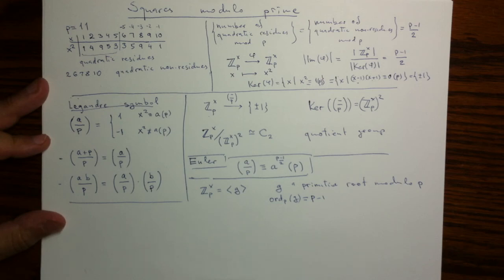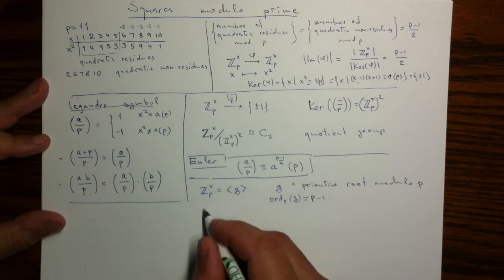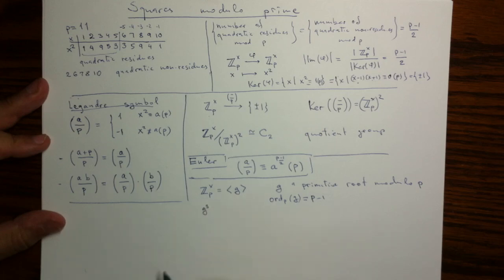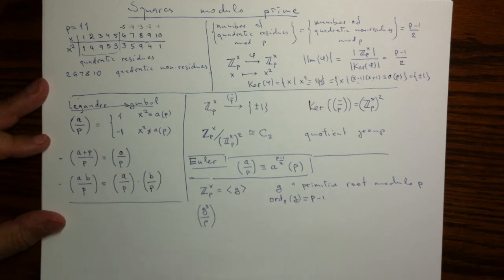So we know that for primes there are always primitive roots. We don't know which integer will be a primitive root, but we know that they are there. Just knowing that they are there will be enough, because any a can be written as a power of our primitive root. And then all we need to know is what happens for the Legendre symbol of such powers.